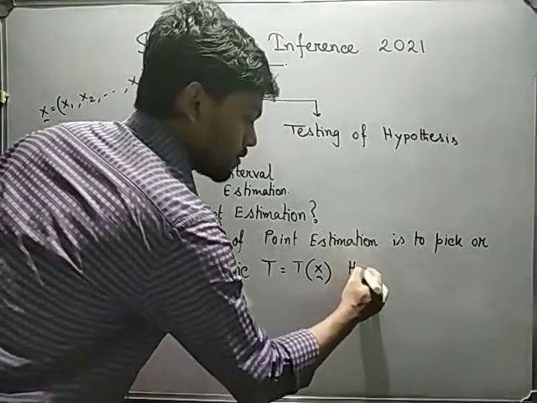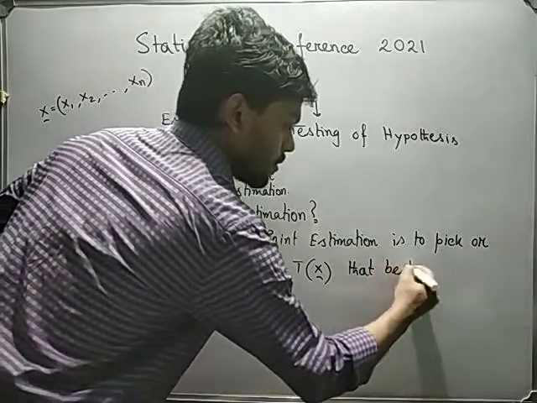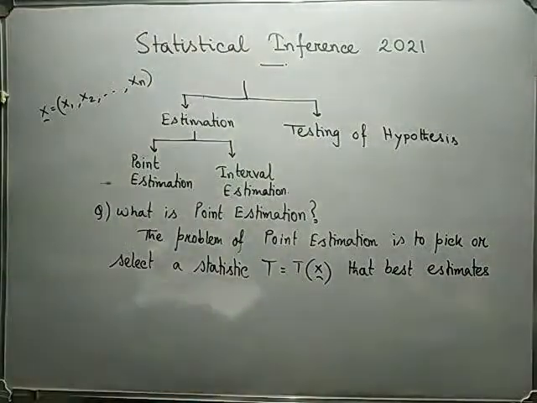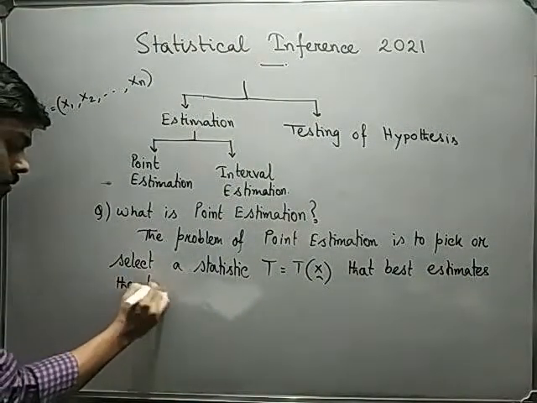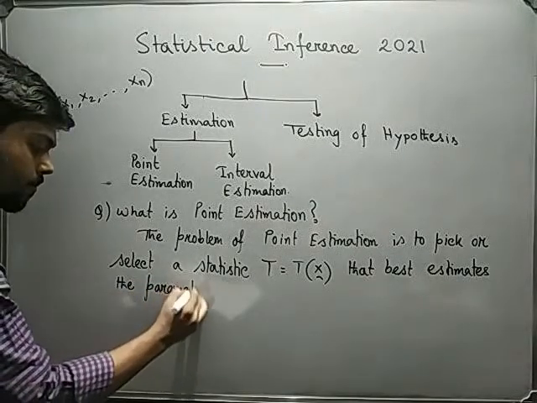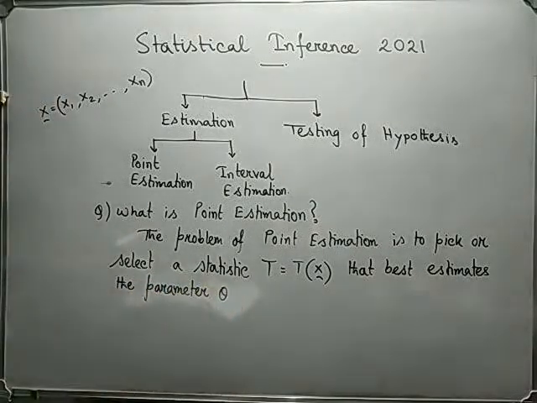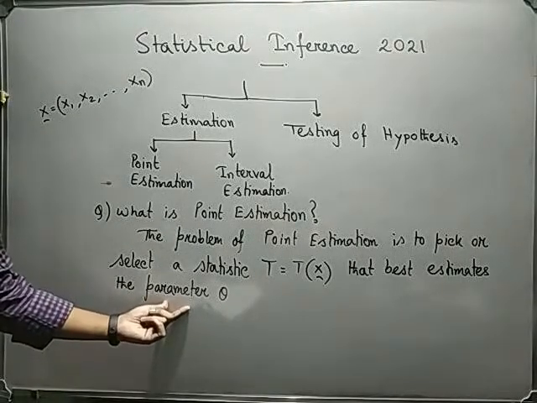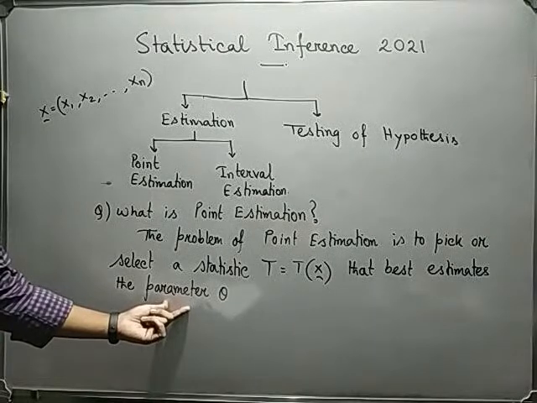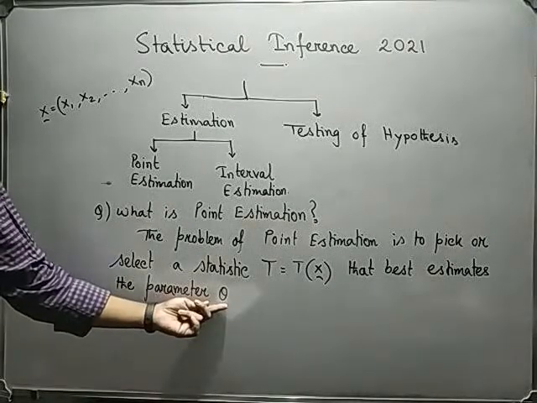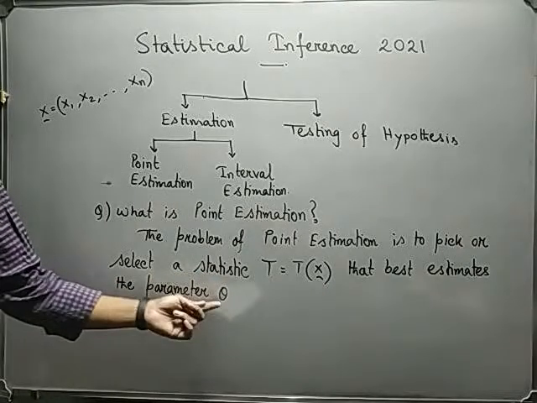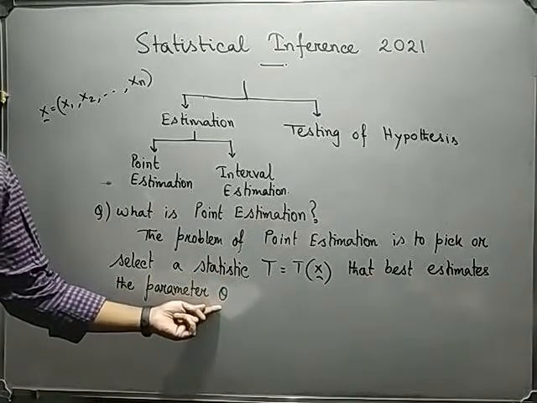That based estimates the parameter theta. Now what is a parameter? A parameter is the unknown characteristic of the population. Theta is unknown to us, and a parameter is always fixed. A parameter is not variable.